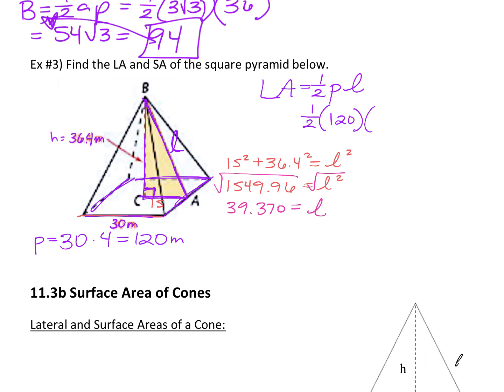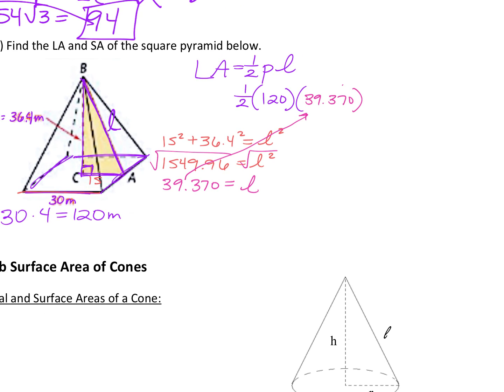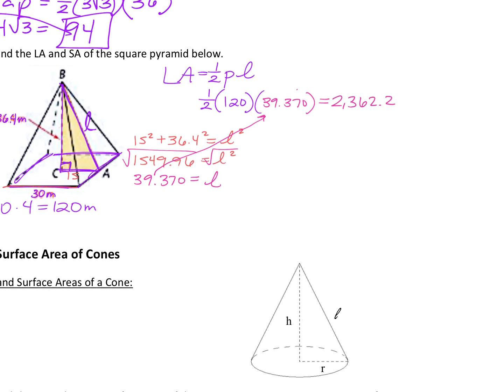So that's the number that's going to go right up here, 39.370. Then you plug that in, 1/2 times 120 times 39.37, nearest tenth, 2,362.2 square meters. Okay, so that's your lateral area.